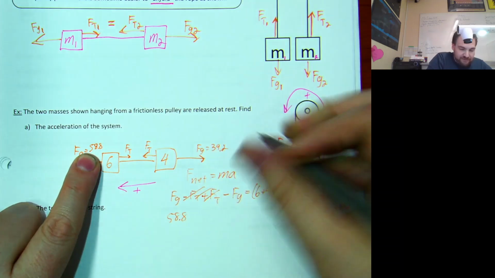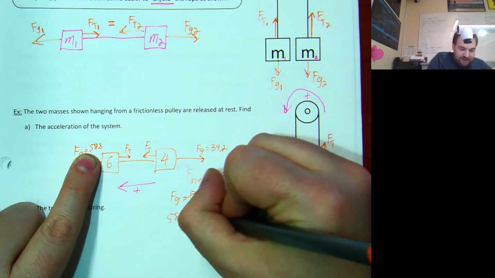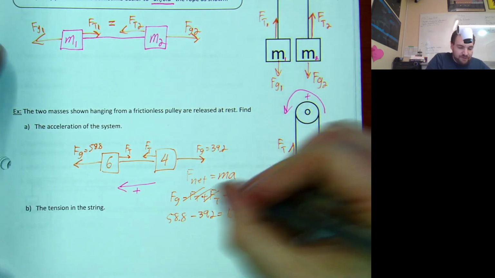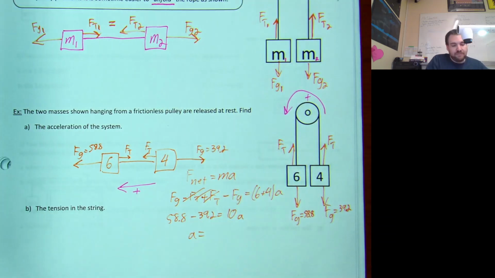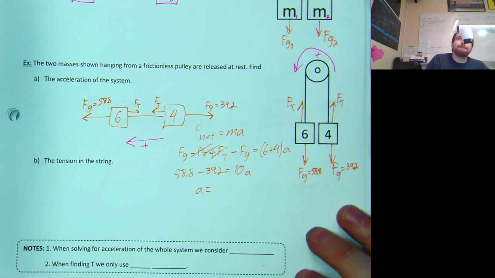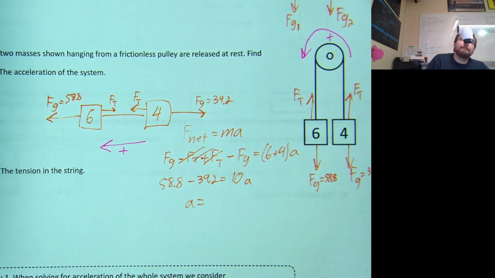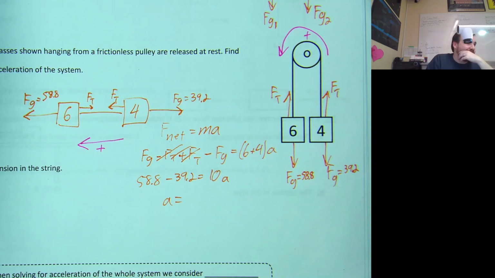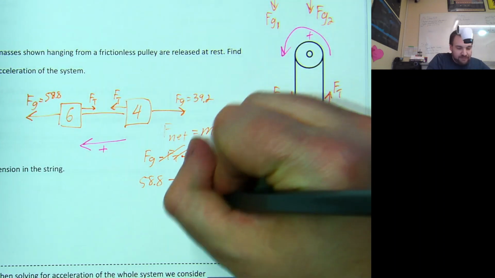These guys cancel. Minus 39.2 equals 10a. What's the acceleration? You said 11.96? I got 1.96.